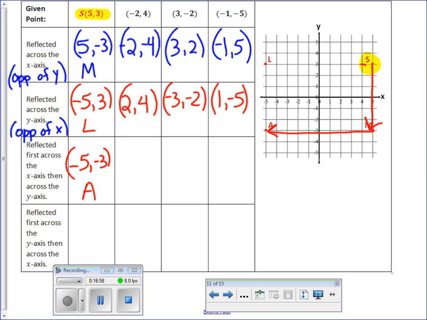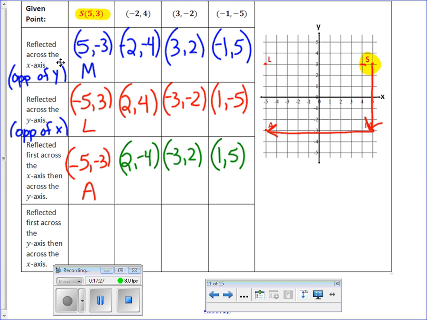So if we're reflecting over two axes, we take the opposite of both coordinates. Two reflections, two opposites. So negative 2, negative 4 would be 2, negative 4. Negative 3, positive 2, and 1 and 5. I'm taking the opposites of both coordinates.